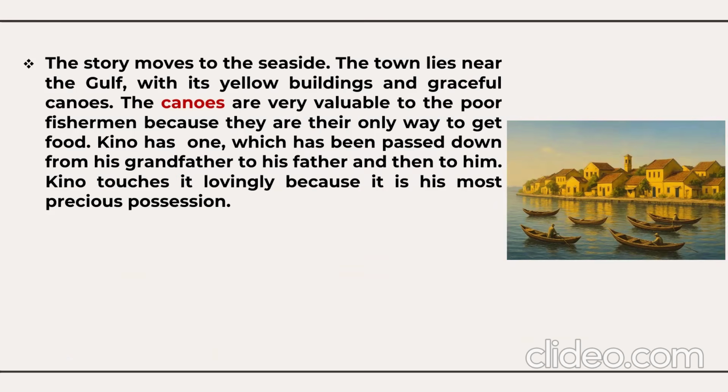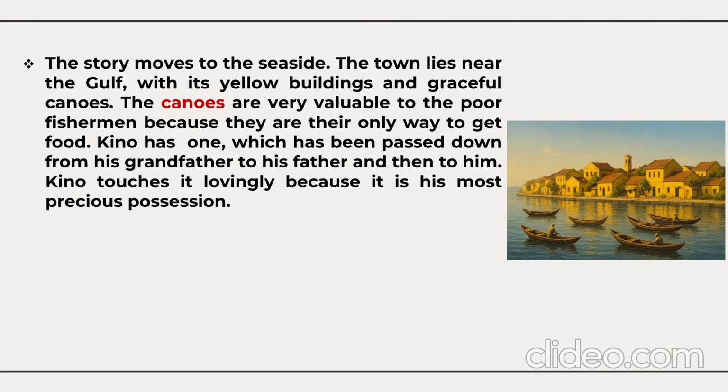Canoes means boats. Canoes are very valuable to poor fishermen because they are the only way to get food. Kino has one canoe, handed down from his grandfather, a very generational, heritage asset.